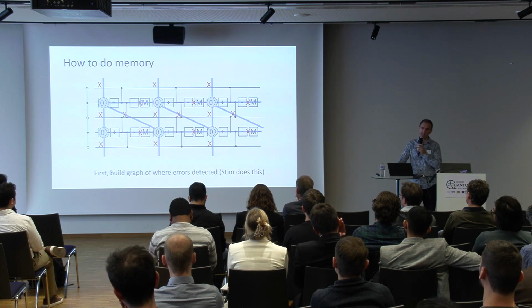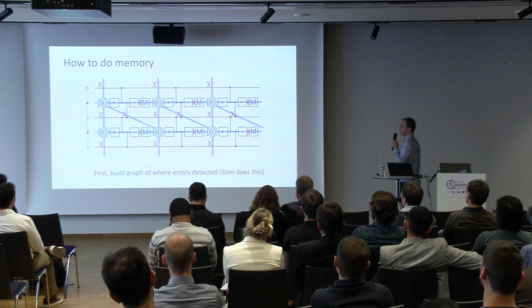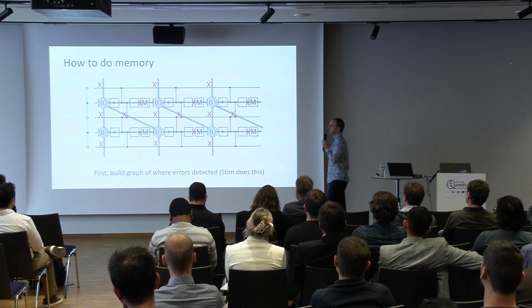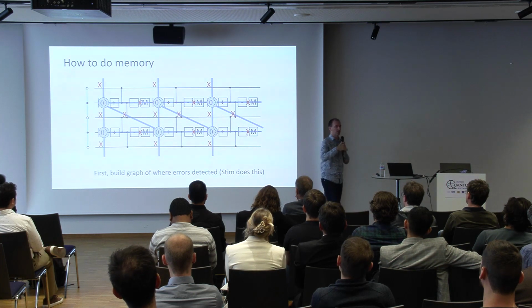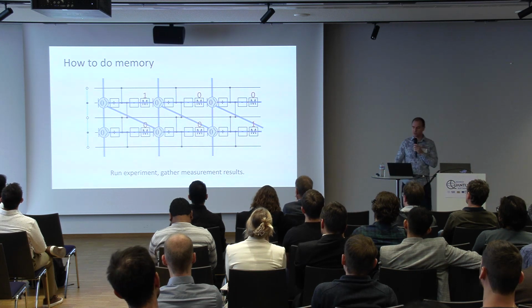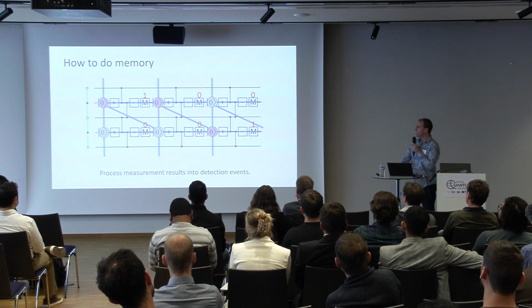And the answer is yes, and STIM will do this for you. The general method is you look at every possible error on every gate in the system, and since each error leads in this picture to one or two detection events, you can associate them with the edges of a graph. So STIM will build that graph for you. And then once you have that graph and your data, you can convert your data into detection events.